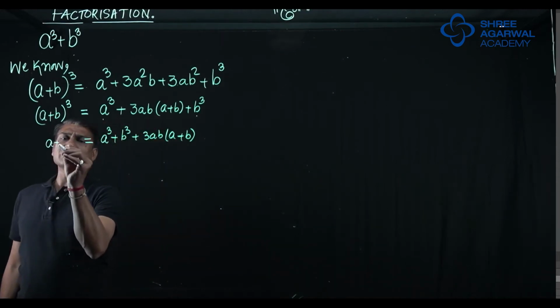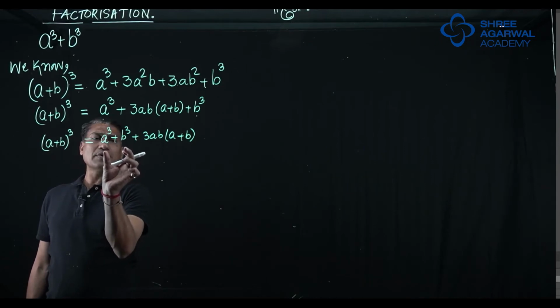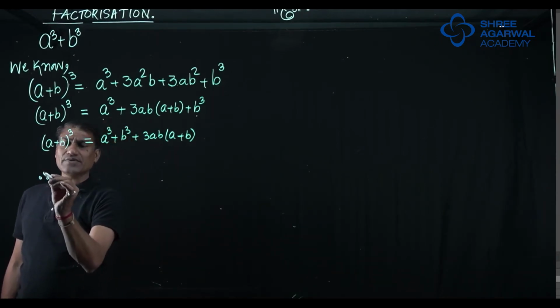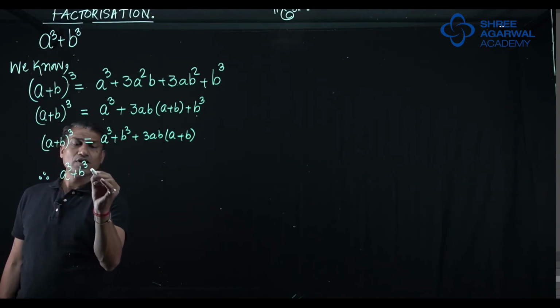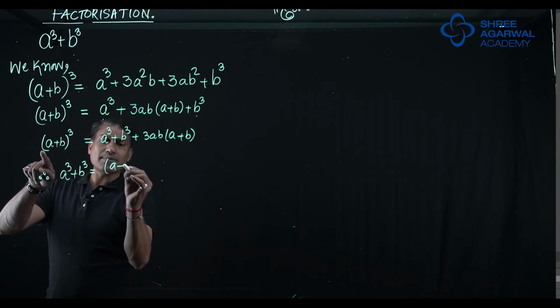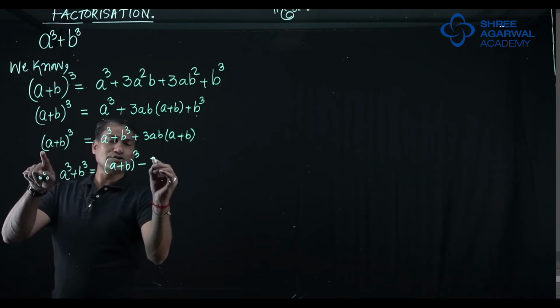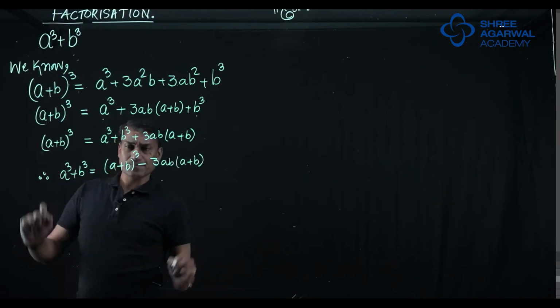Now, because we want a cube plus b cube, we want only these two terms. We don't want this term. We will send it to the other side. Therefore, a cube plus b cube is equal to (a plus b) cube minus 3ab into (a plus b).